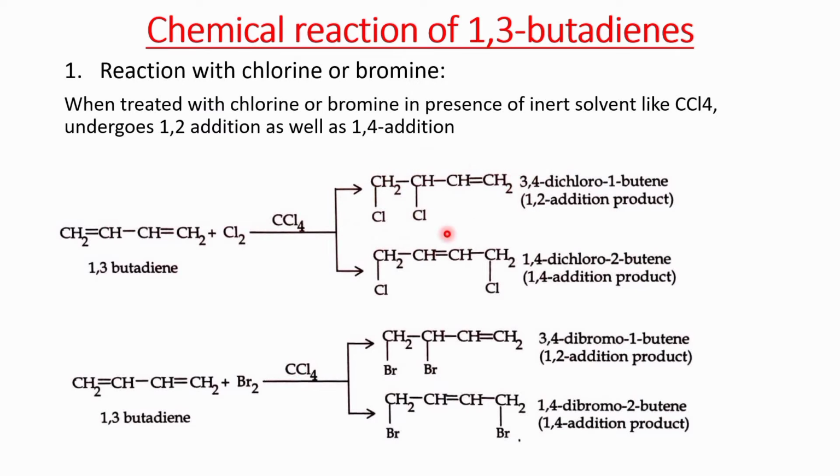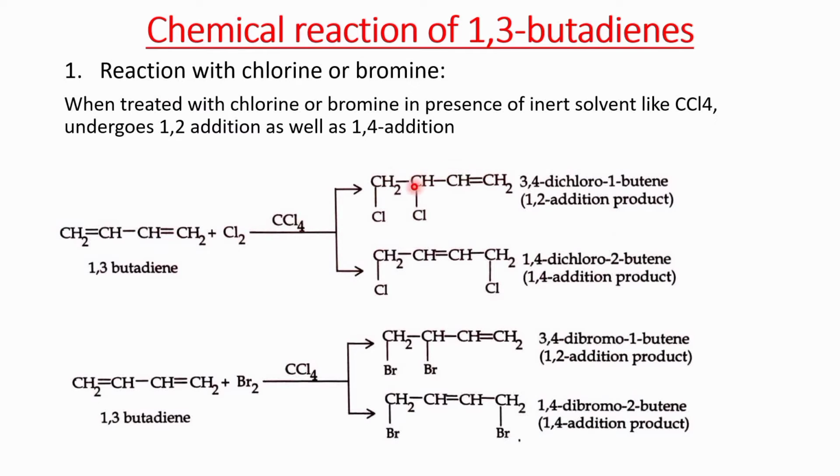In this case you can see this is a 1,2 addition and it is giving 3,4. Why is this 3,4? Because we start numbering from the end where the double bond is, as we have seen earlier. So we start naming this compound from this carbon.